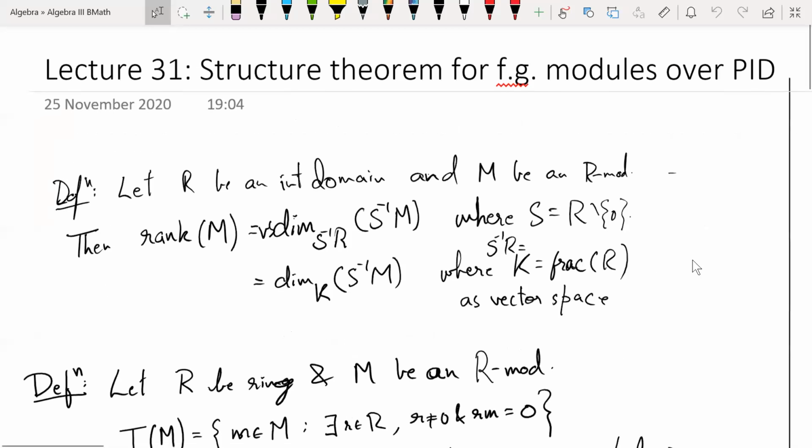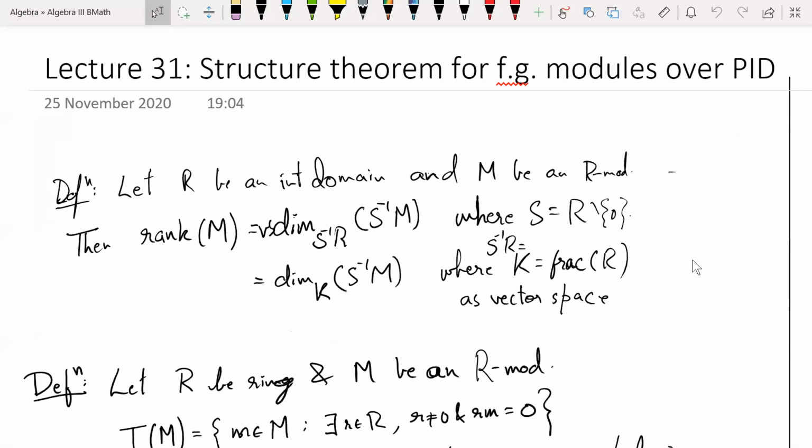Okay. So last time we talked about localization of modules, and then we defined a rank. So we saw some basic properties of modules, like localizing a product of two modules is the same as first localizing each of the modules and then taking the product, and localizing a submodule of a module makes it a submodule of the localized module.